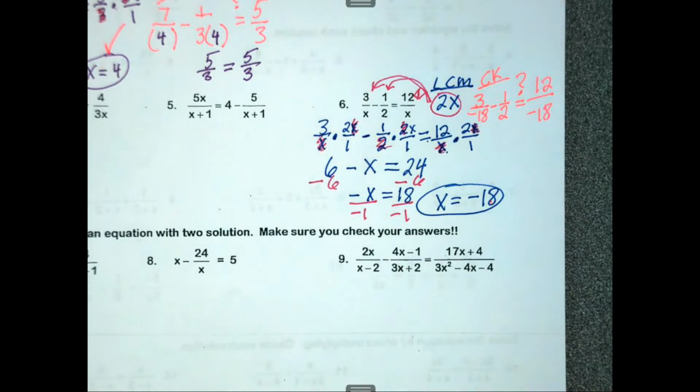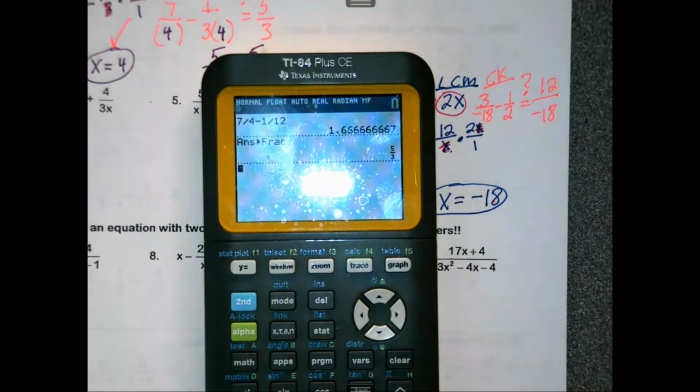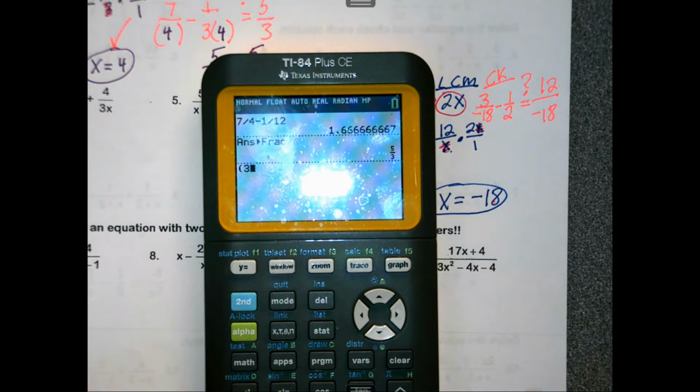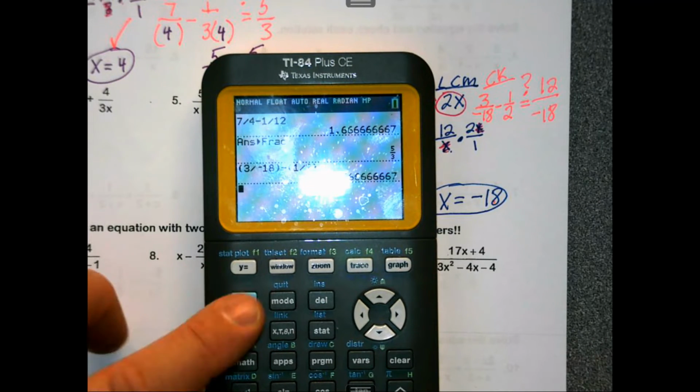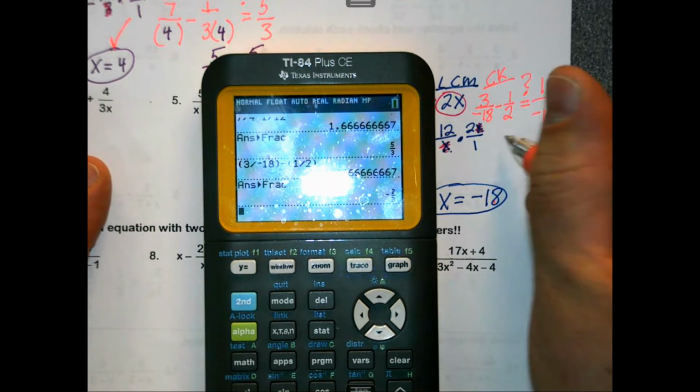And again, I'm going to rely on my calculator. So I've got 3 divided by negative 18 minus 1/2. Enter, math, enter, enter, and I get negative 2/3.